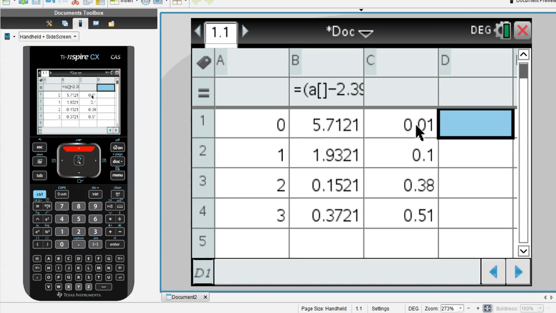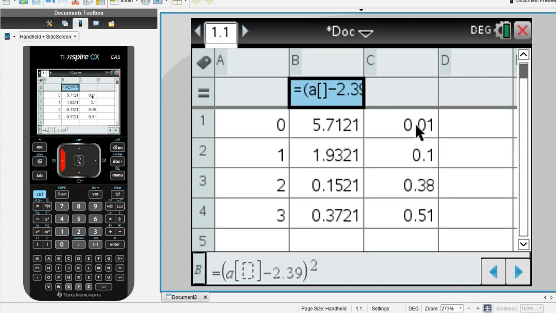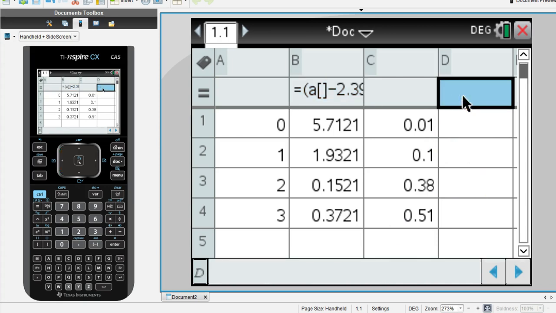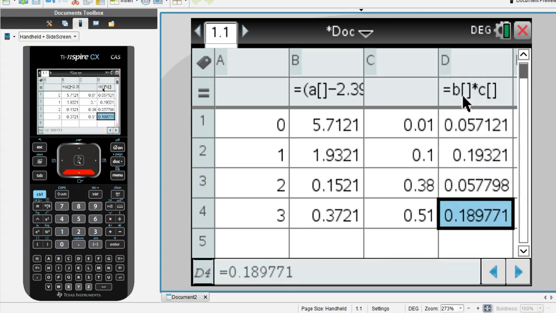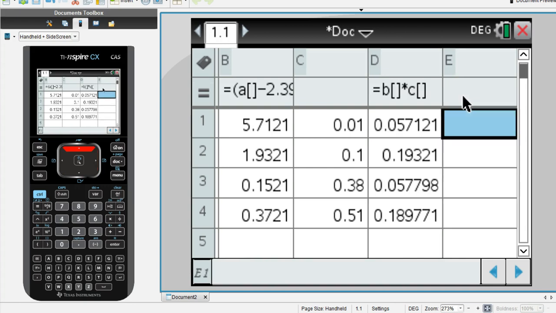So we can take everything from B, which is every number minus the mean squared, multiply it by the probability. That would be everything in B times everything in C, and add them up. The sum of everything in D. 0.4979.